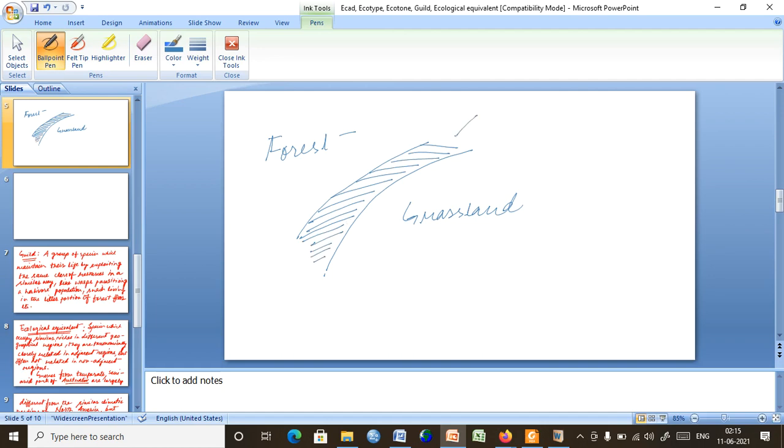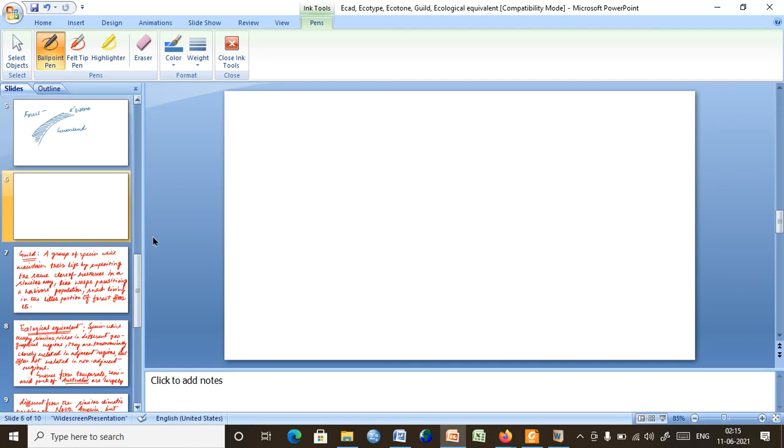And this part is known as Ecotone. Now, the species found in this region, they are diverse, very much diverse than the connecting portions, as I already mentioned. And these species are known as the edge species.